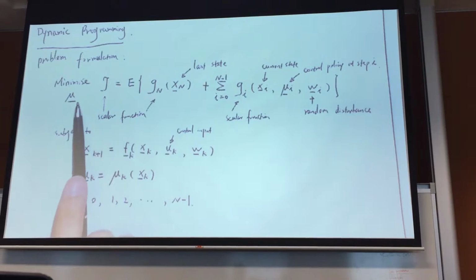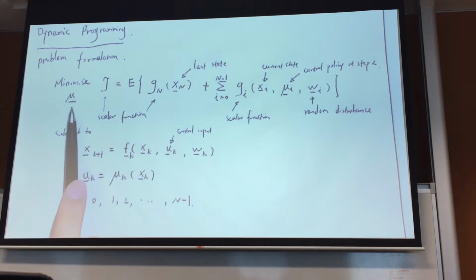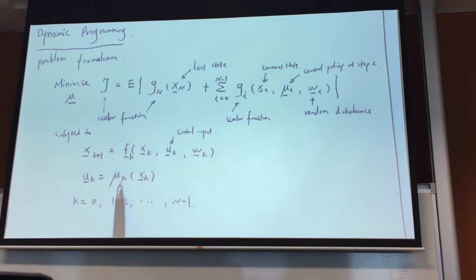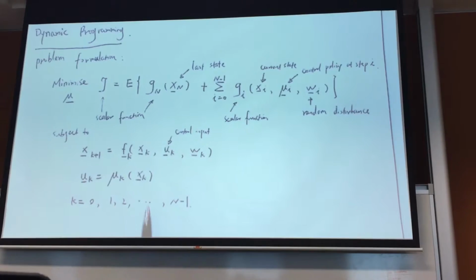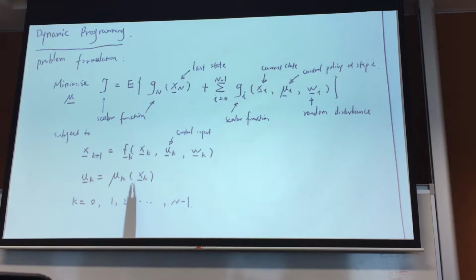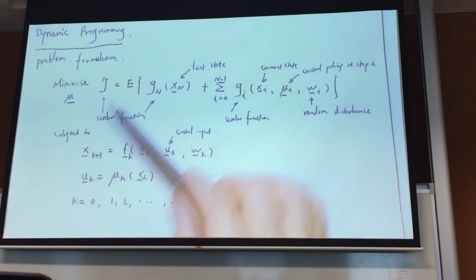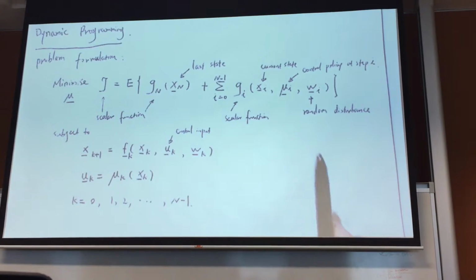The control policy is defined as a vector so that we can calculate the optimal control policy step by step. So for each state vector in each step, we can determine the optimal control policy, and in each step the control policy will be different. So these are the idea of the problem.